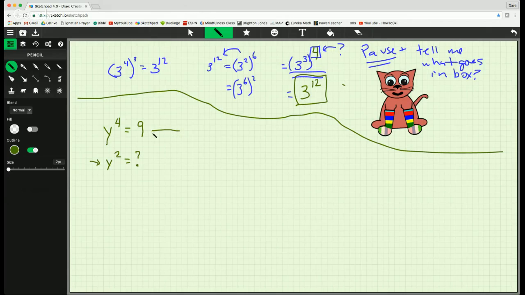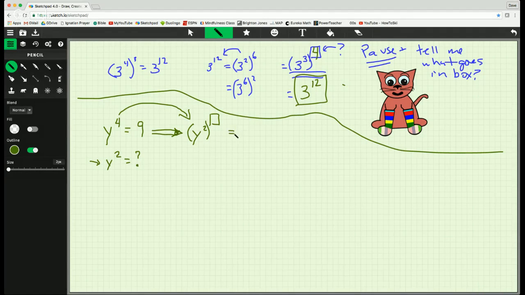So we're not going to do anything terribly tricky. What does y to the fourth equal? I want you to tell me what y to the fourth can equal. If I said it's equal to y squared to the power of a box, let me write this a little bit neater. What goes inside this box if I want this to be y to the fourth? Y squared to the what power equals y to the fourth.